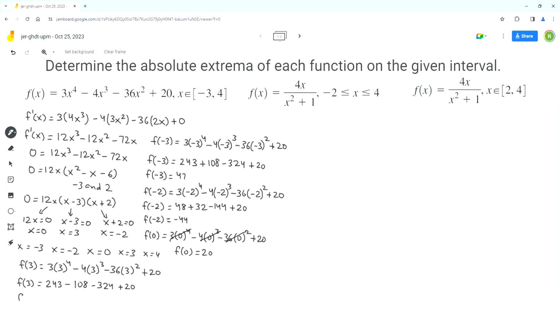Now we can combine these terms. So f at 3 equals 243 minus 108 minus 324 plus 20. So I got negative 169.